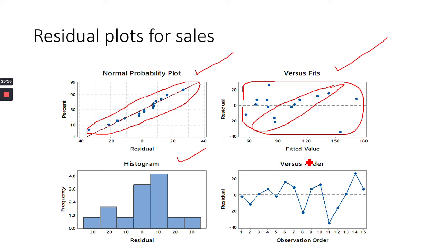Now, when you look at the plot of residuals versus order, we use this to test for the independence of error terms. Remember, one of the assumptions is that the error terms must be independent. The only assumption not tested by the residual plots here is linearity, which you can test using scatter diagrams.